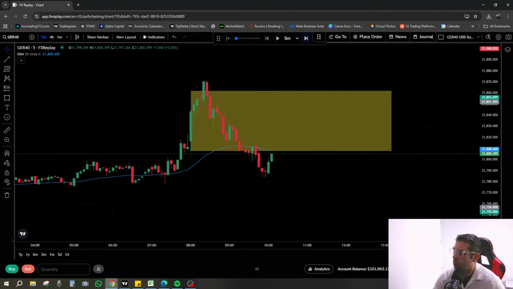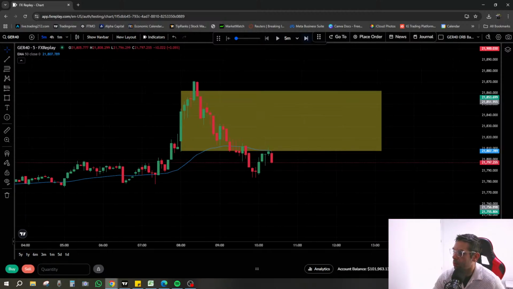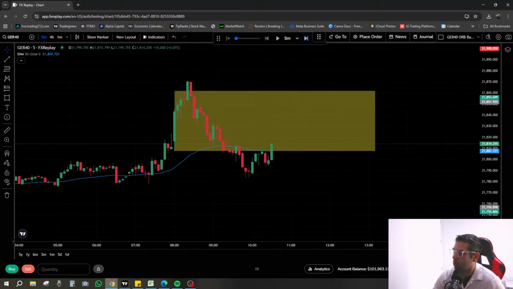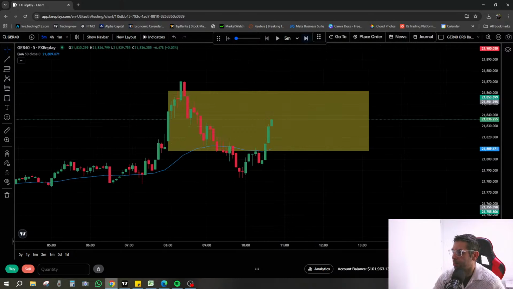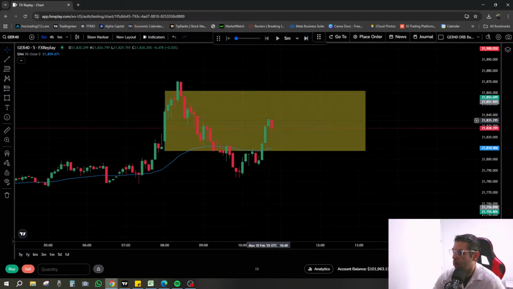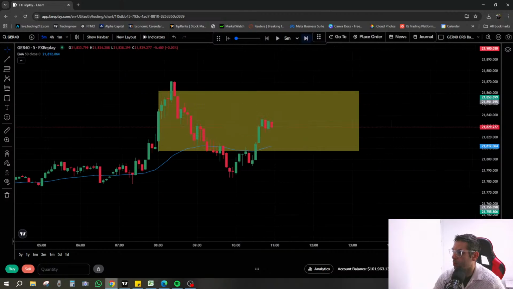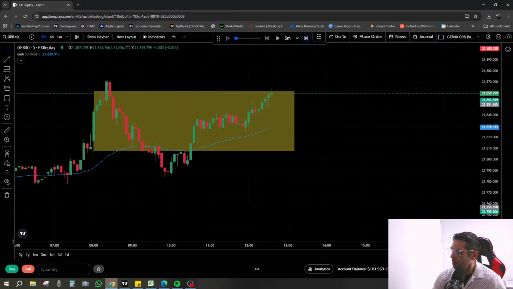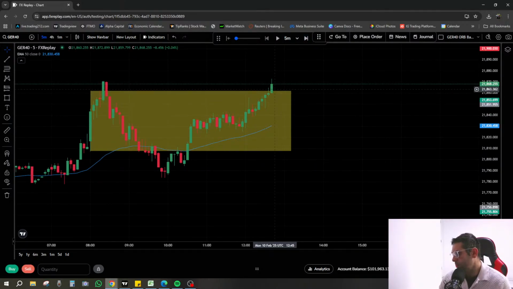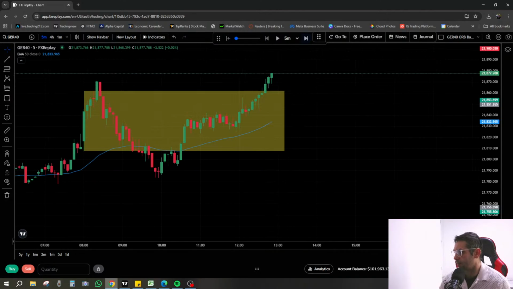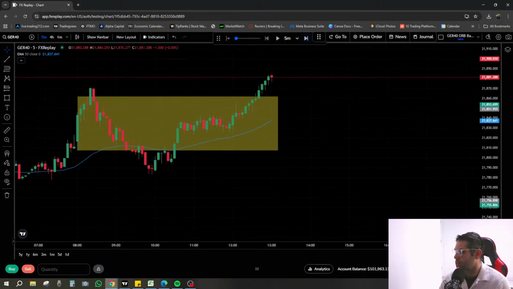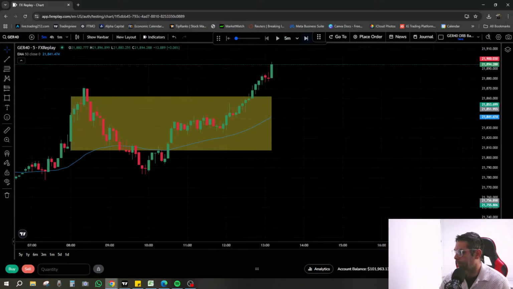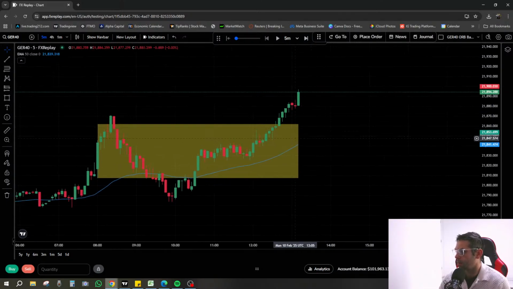Now I'll wait for a retest of the range and see if it holds. Ooh, we got a retest. But it goes back into the range. Quite good buying volumes overall. Breaks again.